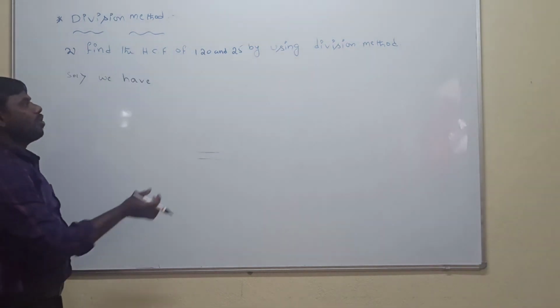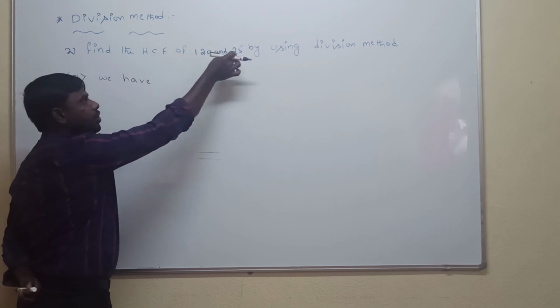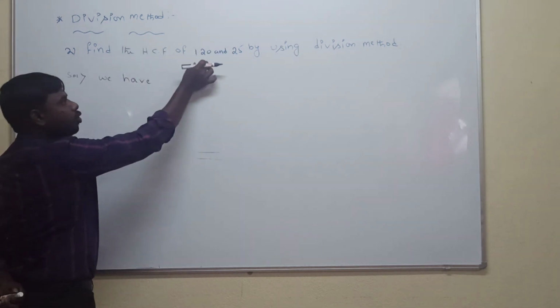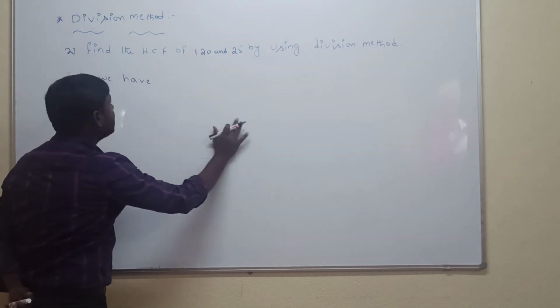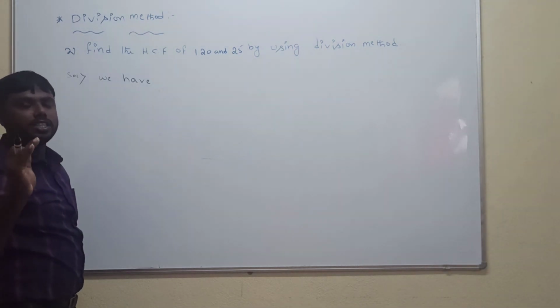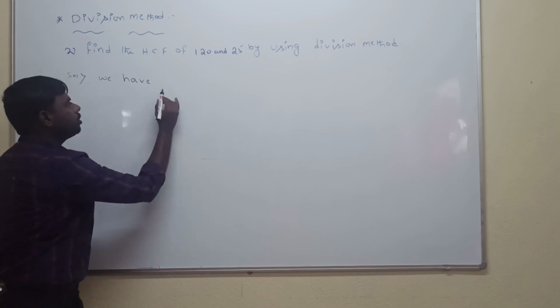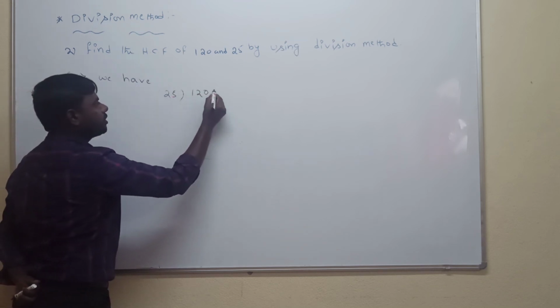So here, what is the largest number? 120 is the largest number. 25 is the smallest number. So the largest number is divided by the smallest number. What is the condition for the division method? Divide the largest number by the smallest number of the given numbers.